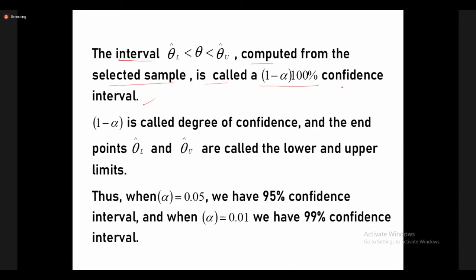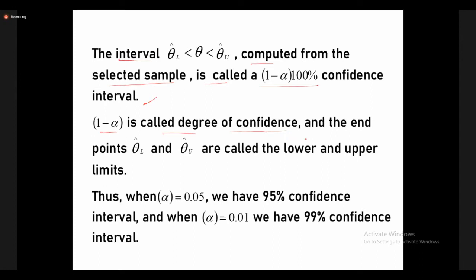How much percentage you are telling, that is the confidence interval. 1 minus alpha is called the degree of confidence.